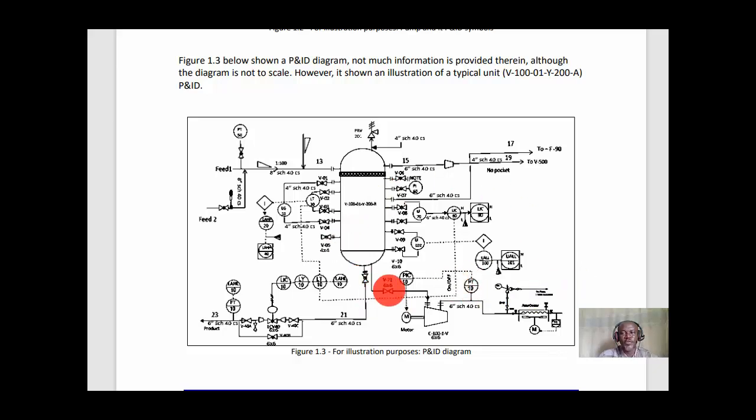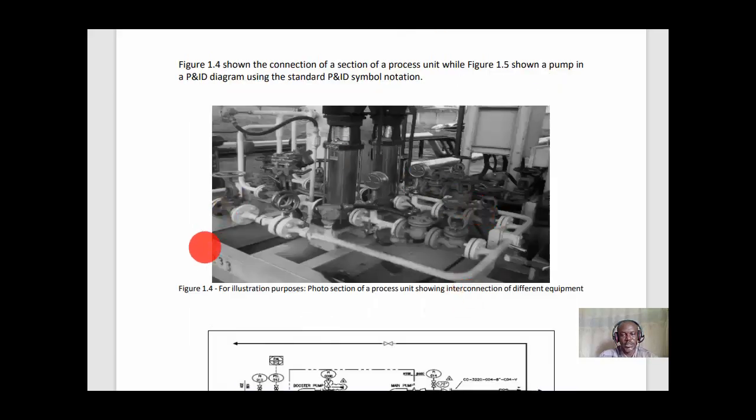It can be an extract from a typical P&ID, or it can just be a unit operation P&ID diagram. As you can see, the labeling of this equipment is V-100-01.